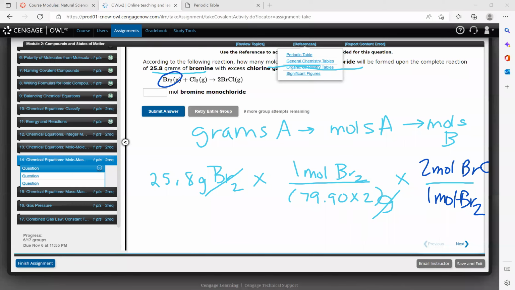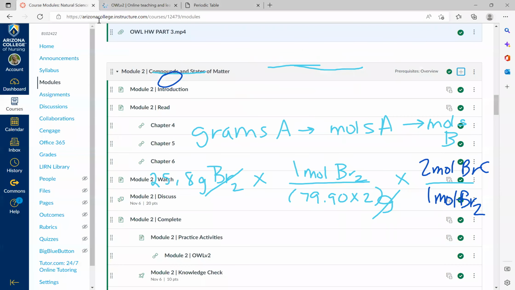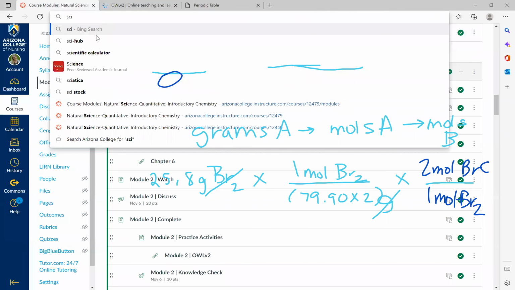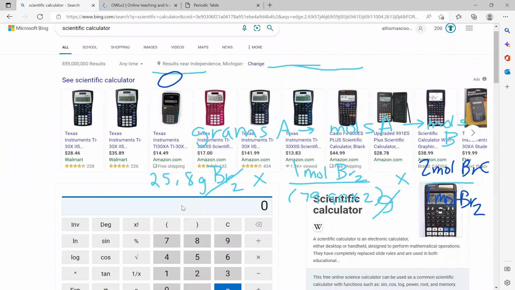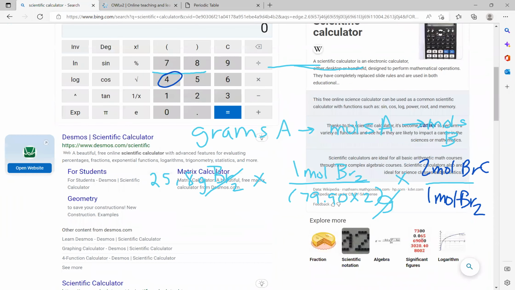I'm going to do this. 25.8 divided by, and I'm going to put in parentheses, so that way we know what we're doing. And oh, it's not going to let me put them in parentheses. Let me get the scientific calculator out really quickly. So this makes a little bit more sense. Okay. Do a little erasing here.